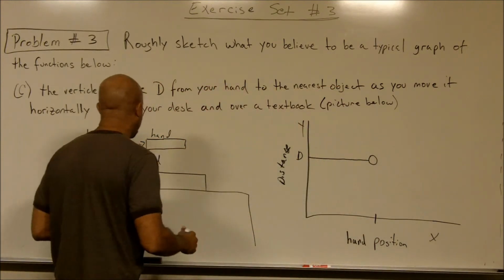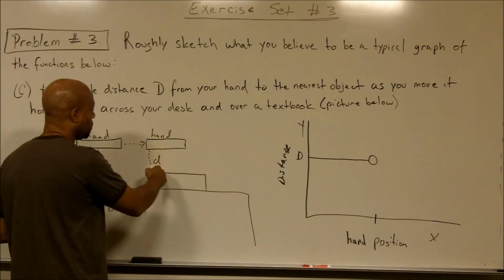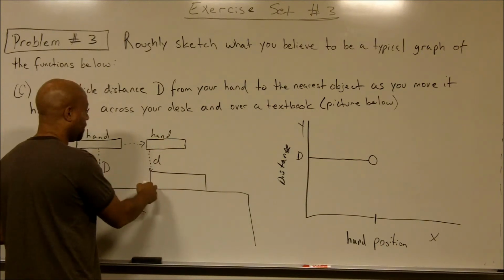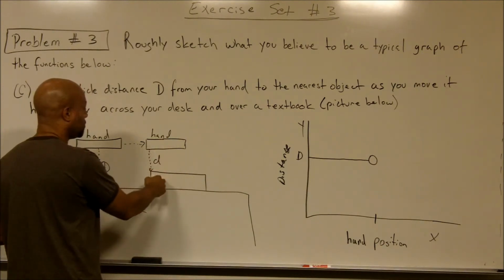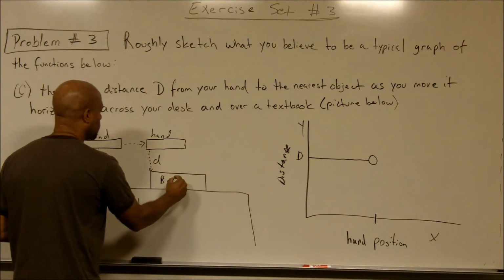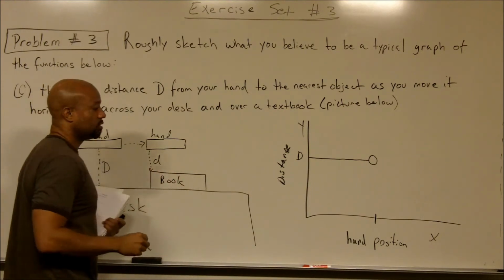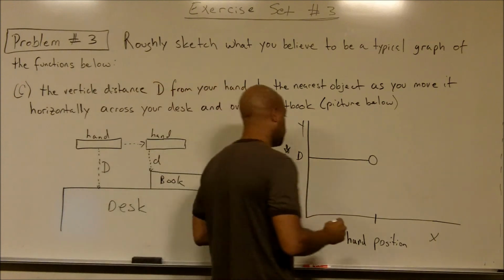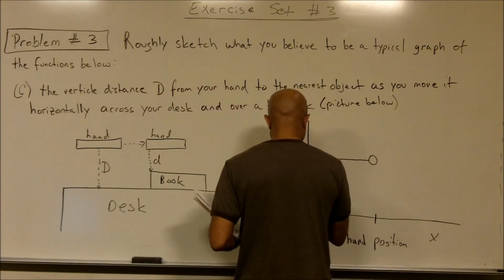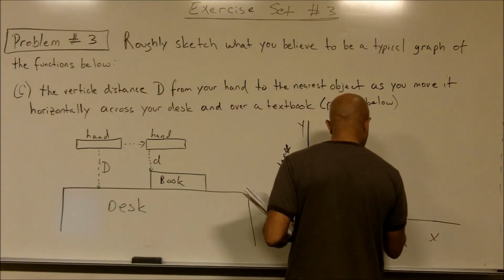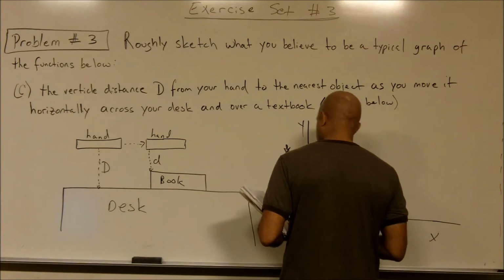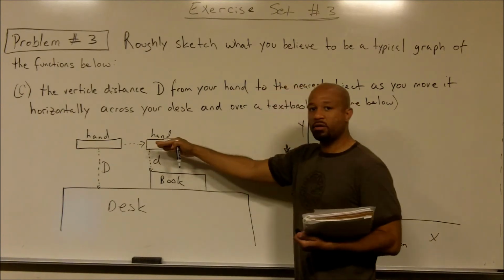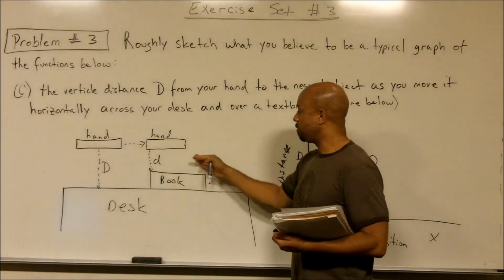When we get to the book, our distance is no longer capital D to the closest object. The closest object is now the book, which is lowercase d. So that's going to be this distance here. As we continue to move our hand across the book, the distance will remain constant.